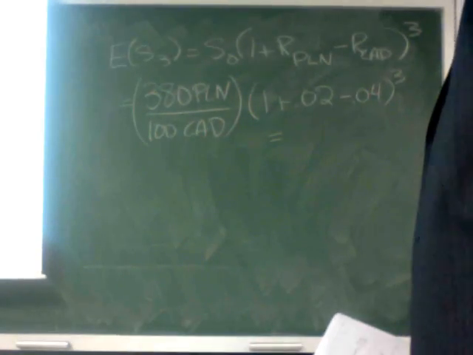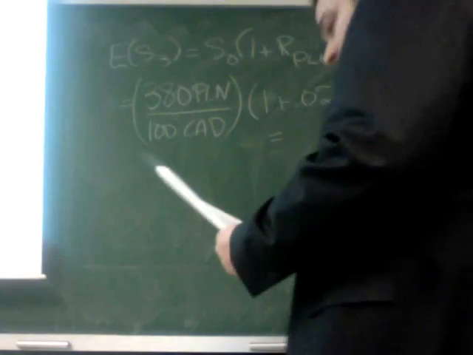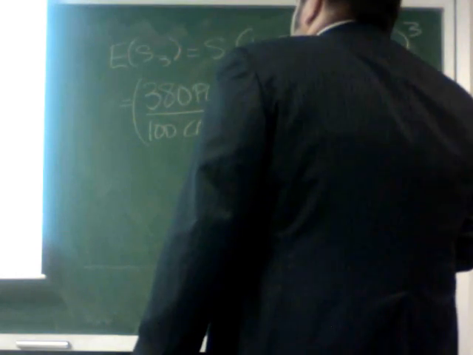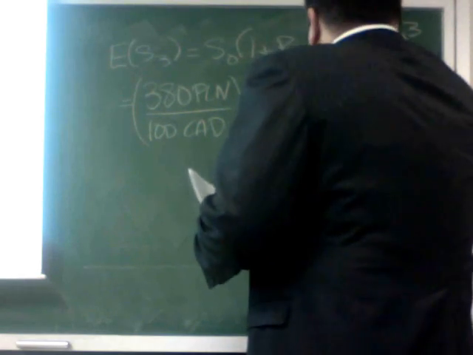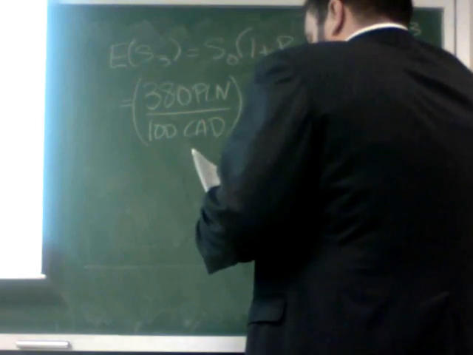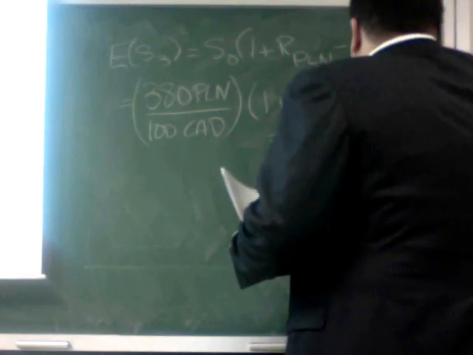So you can see that in this case, the inflation is 4% in Canada and 2% in Poland. So today you can get 3.8 PLNs per Canadian dollar, and 3 years from now you'll get 3.5765.